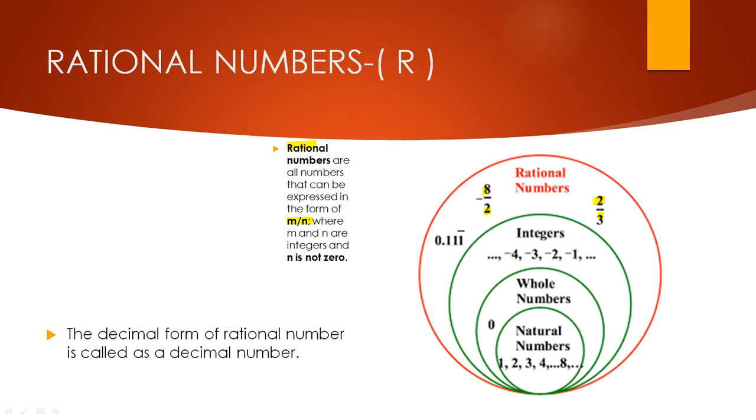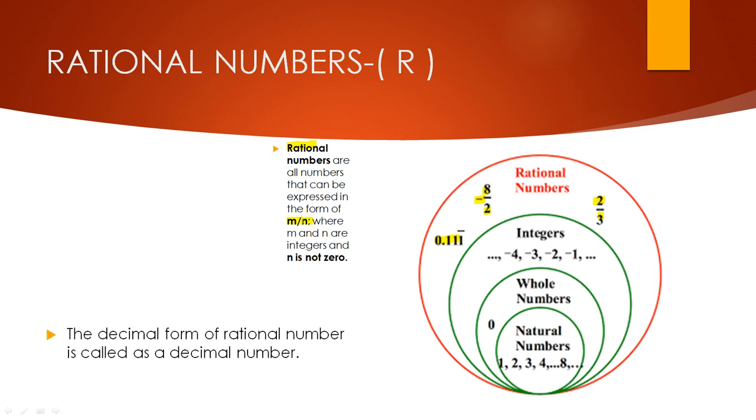You can take any integer number here, you can assume negative ones because all are integers. But remember n will not be 0 because it will give you an error. And when you solve some fractions, sometimes you get decimal numbers. It means rational numbers are also friends of the decimal numbers.